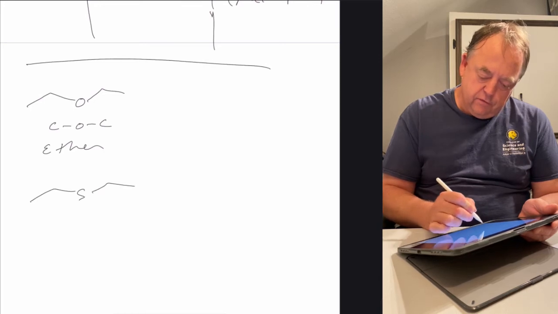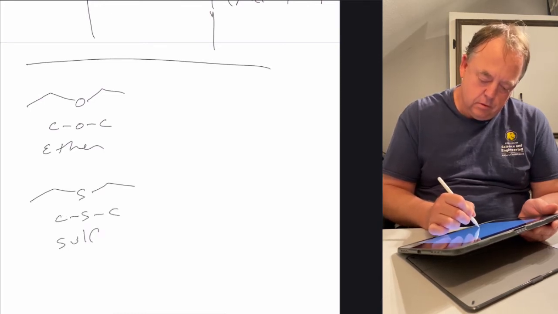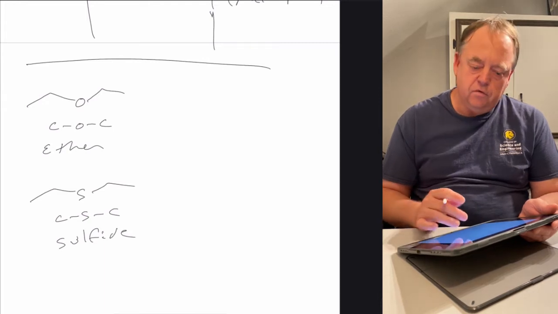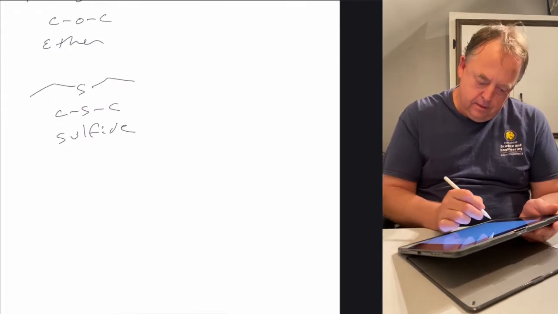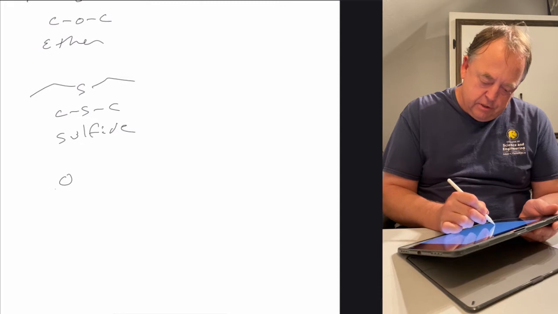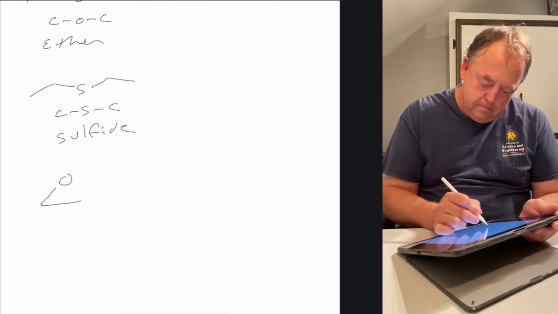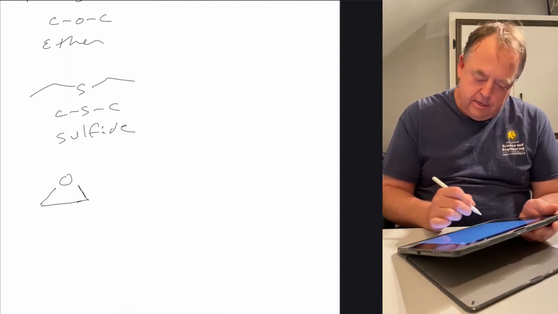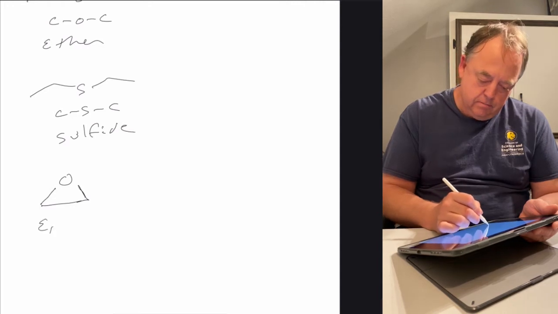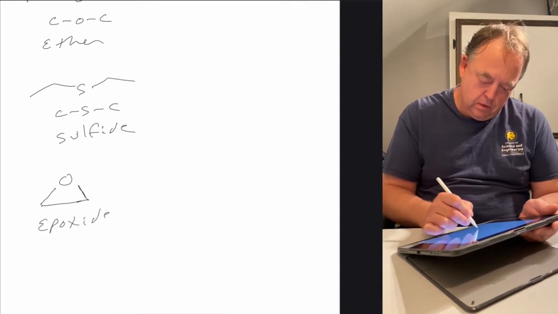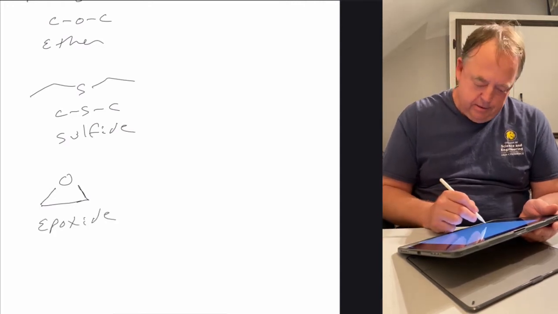And if it's a sulfur instead, so a carbon, sulfur, carbon, is called a sulfide. If it's an oxygen between two carbons in a 3-membered ring, then that's called an epoxide.